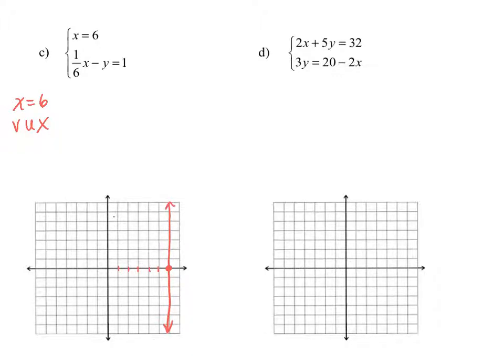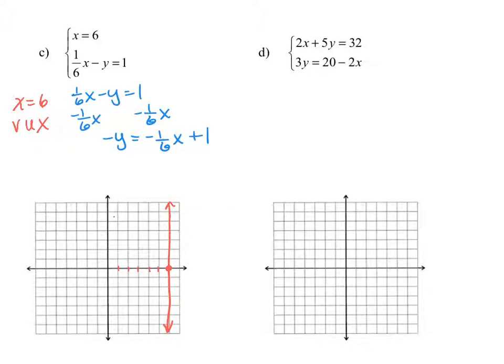Now our second equation has both an x and a y in it, so it would be nice to get that equation into the form of y equals mx plus b. We're going to take 1/6 x minus y equals 1. We're going to subtract 1 over 6x from both sides of the equation. We get negative y is equal to negative 1 over 6x plus 1.